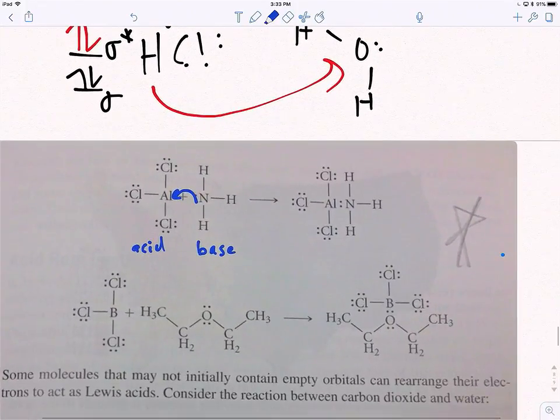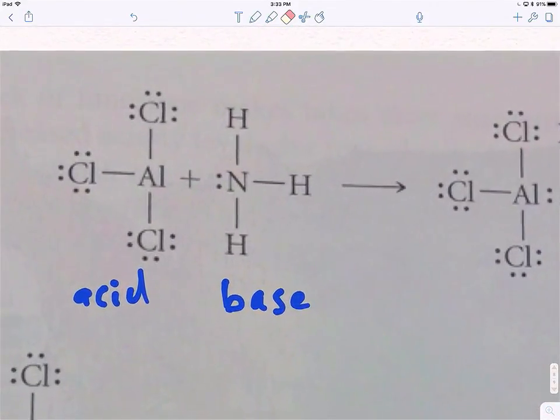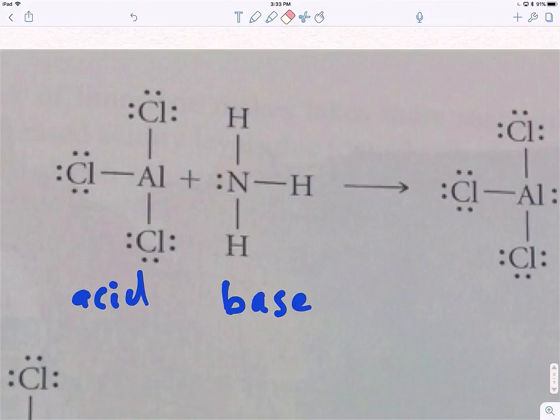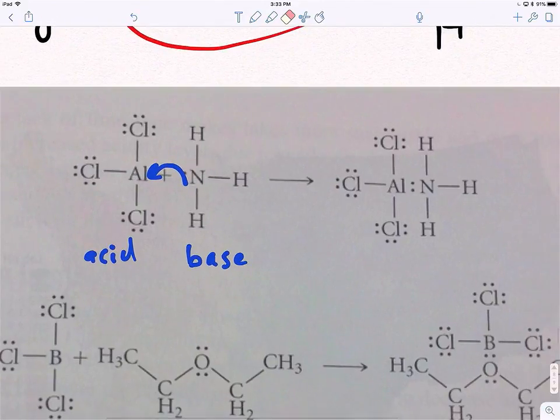So there are certain types of reactions called Lewis acid and base reactions. In this case, you can see aluminum trichloride reacting with ammonia, and the electron density moves to form this molecule. This happens in the gas phase, and you have trichloroaluminum single bonded with ammonia.